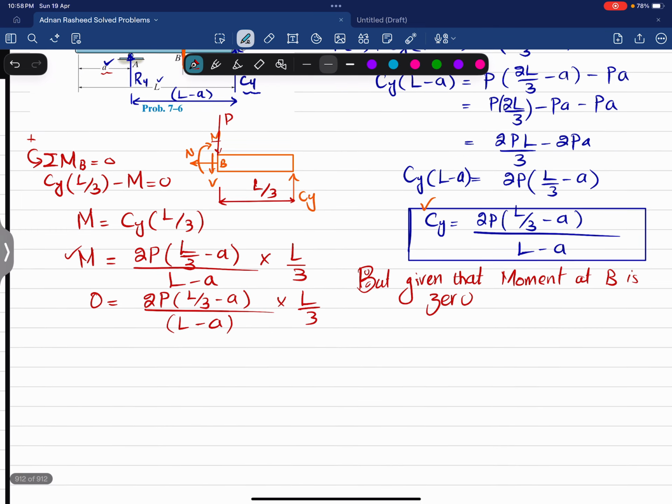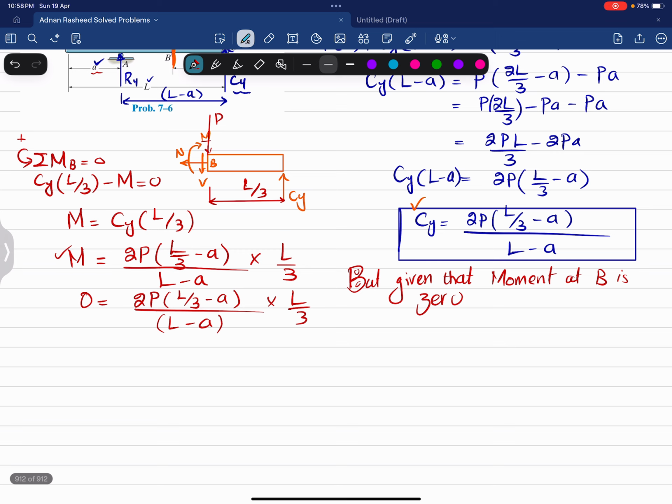If you multiply by 3 into L minus A on both sides, we will get L minus A into 3 multiplied by 0 is equal to 2P into L by 3 minus A divided by L minus A into L by 3 multiplied by L minus A into 3.